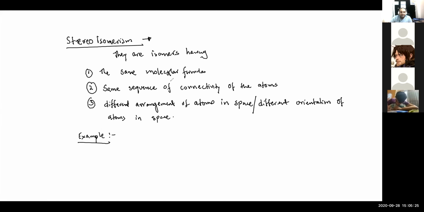So the same molecular formula, same sequence of connectivity of atoms, different arrangement of atoms in space.